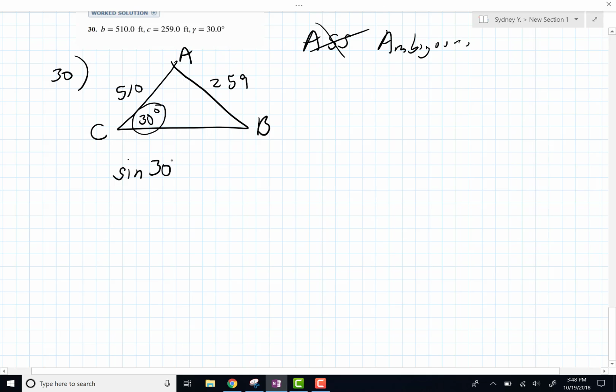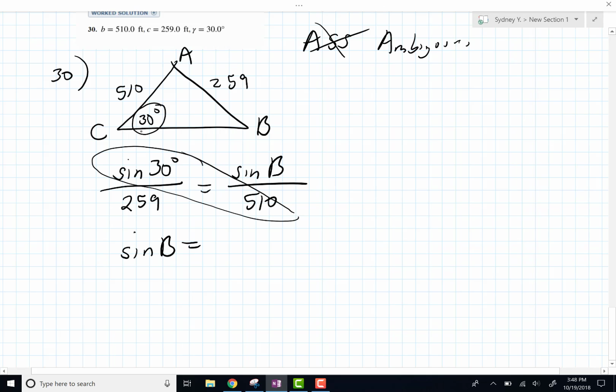So you just proceed as normal with your law of sines. So we'll do the sine of the angle over its opposite side equals the sine of the angle over its opposite side. And then you'll solve for sine of B like normal, so you'll multiply on the diagonal you can and divide by the other guy.